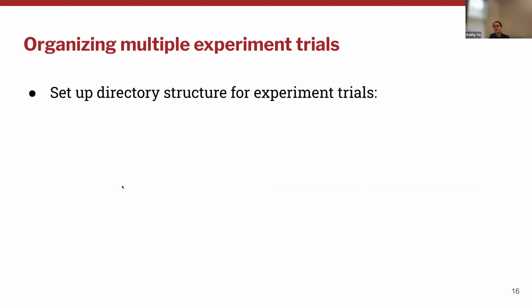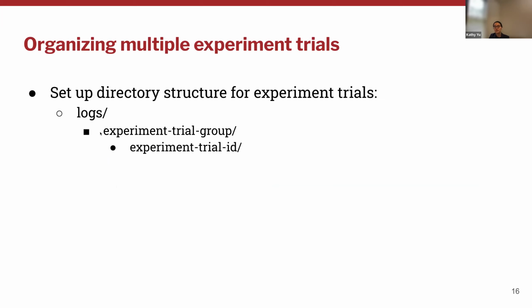The other important thing for organizing multiple experiment trials is setting up a directory structure, as I just showed you. As a recap, we want to have some kind of logs directory that holds all of our experiment outputs. And we can define some kind of experiment trial group, so all of these trials fall into one particular group. Maybe all of these trials are related to one particular model architecture.